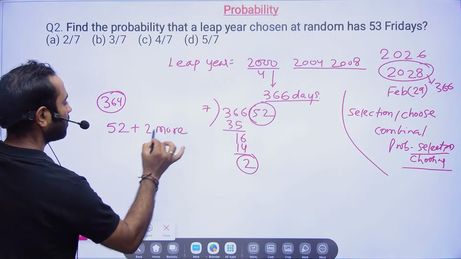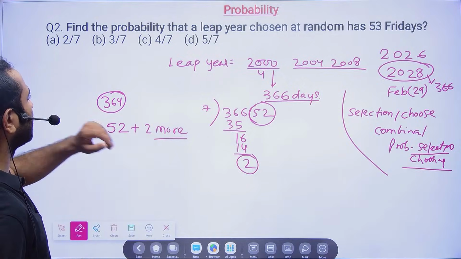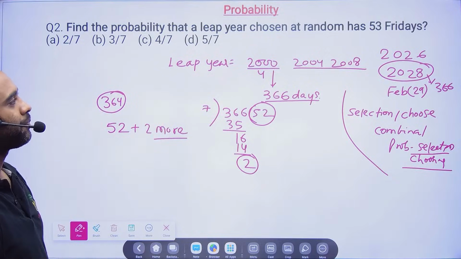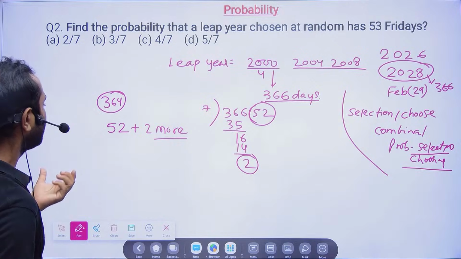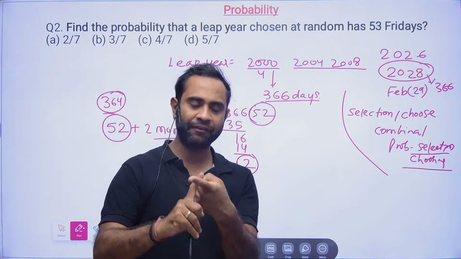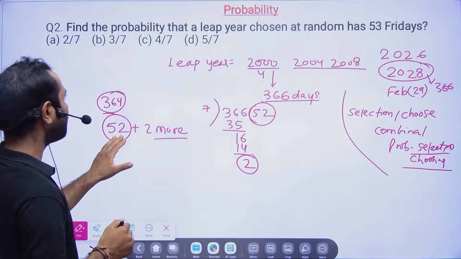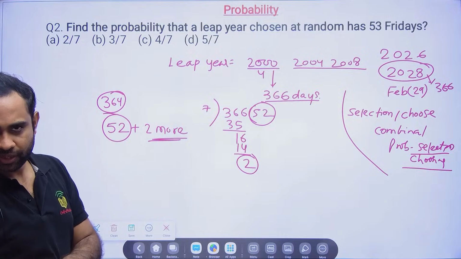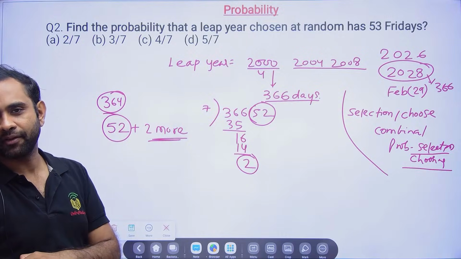Now, what they're asking is the probability that a leap year chosen at random has 53 Fridays. If there are 52 weeks, every week has a Friday, so already 52 Fridays are here. Now in these 2 extra days we have to see whether one Friday will be there or not.